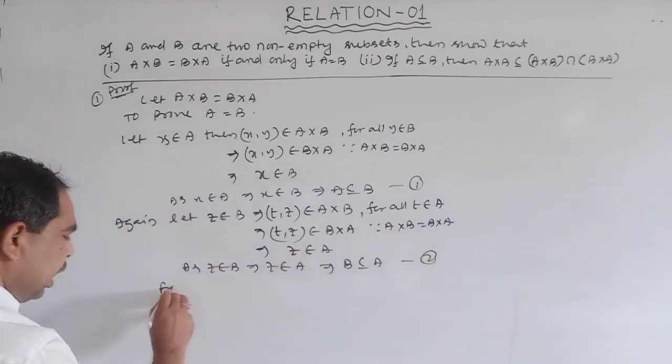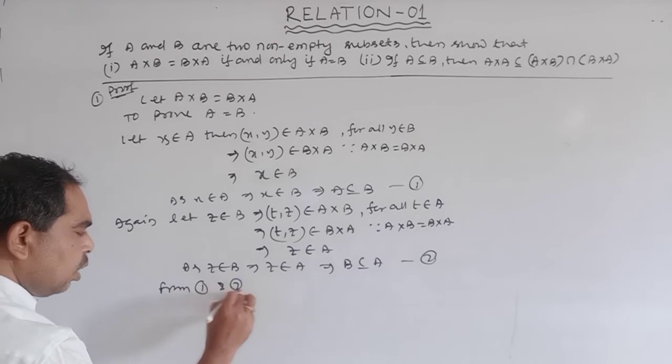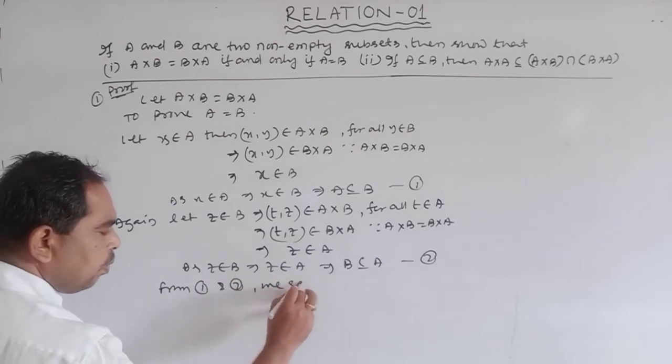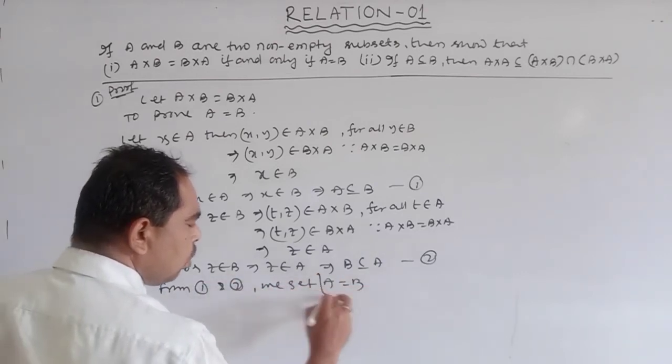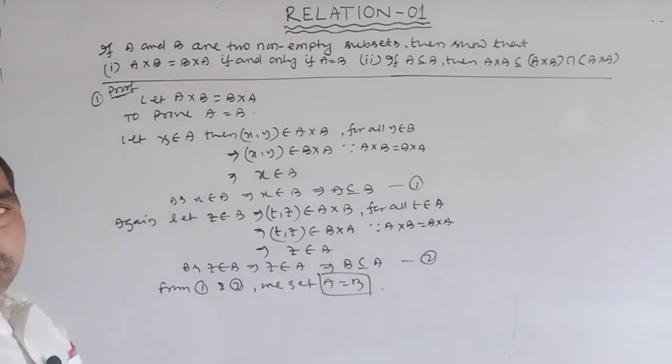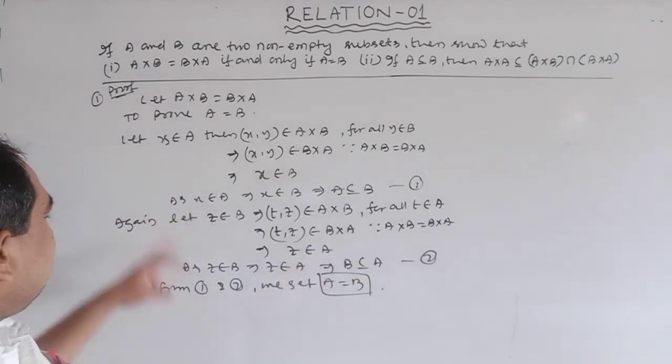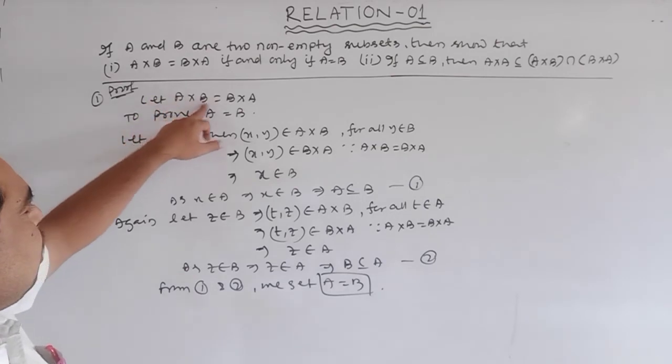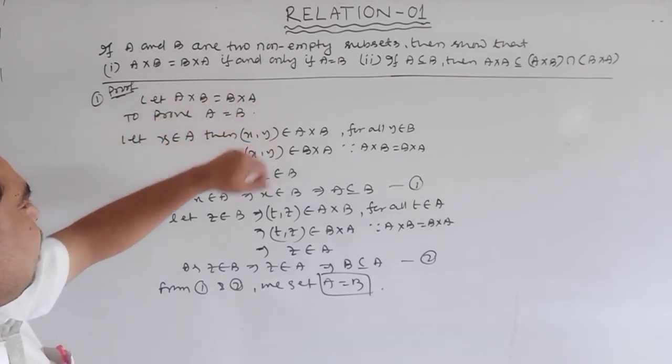From 1 and 2 we get A is equal to B. So we have proved that if A into B is equal to B into A, then A is equal to B.